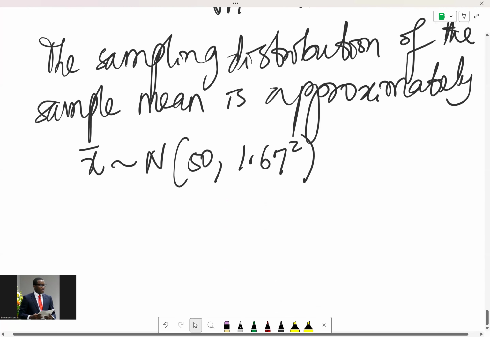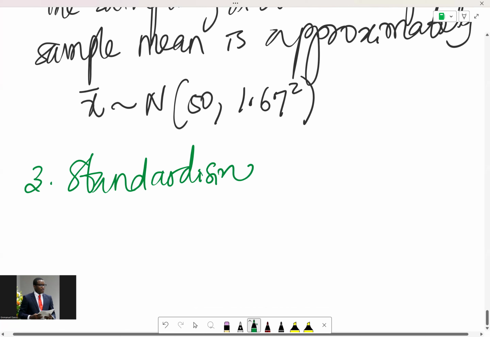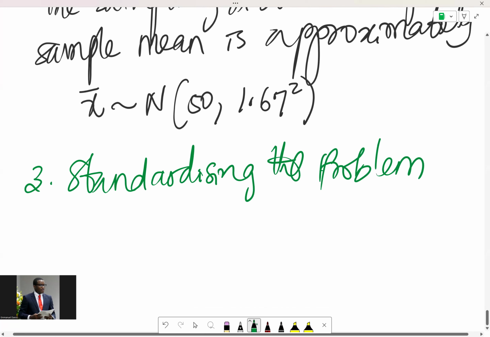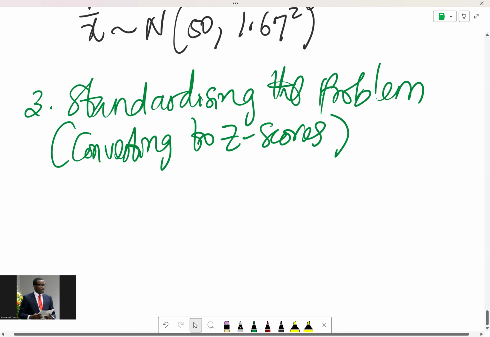So the next thing we want to do is to standardize the problem. So that's step 3, standardizing the problem. What that means is that we are converting to z-scores. So that's the next thing we do.